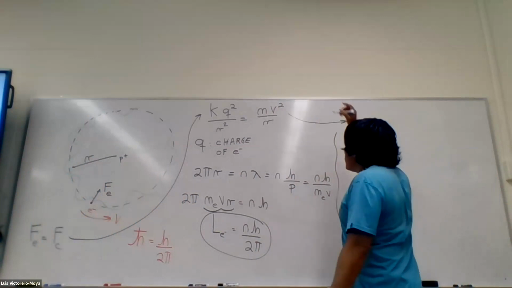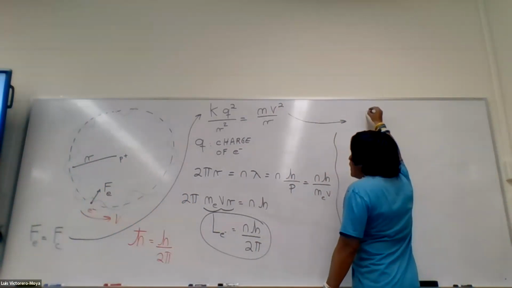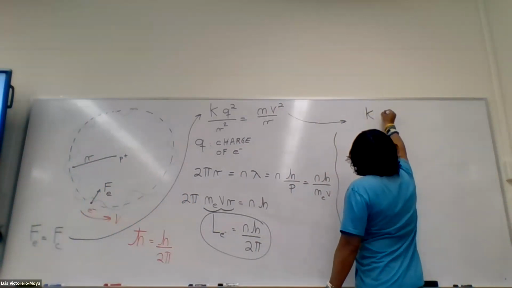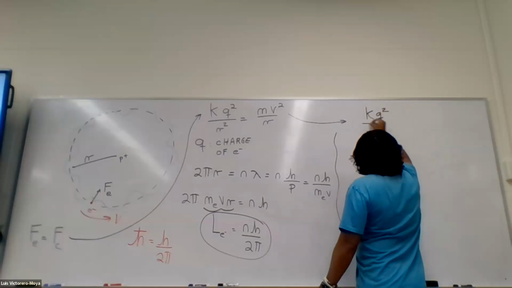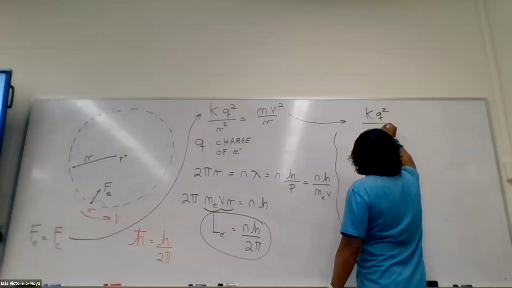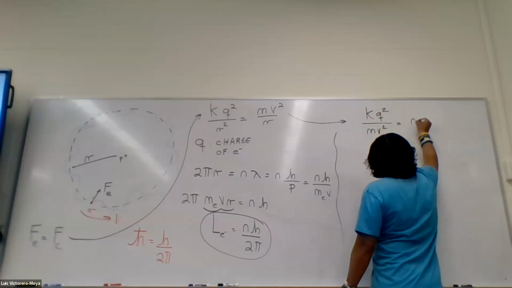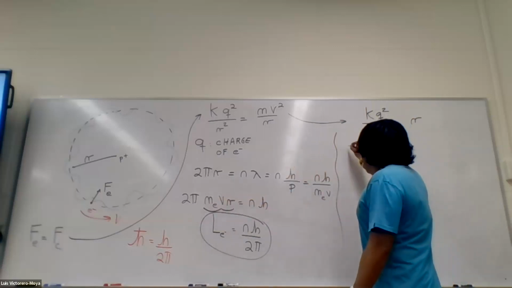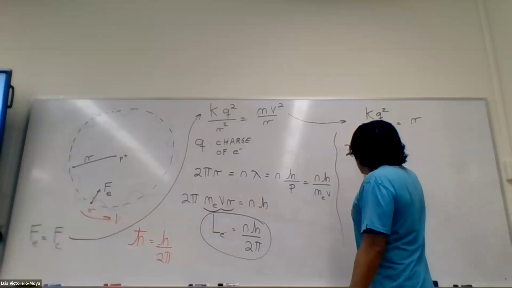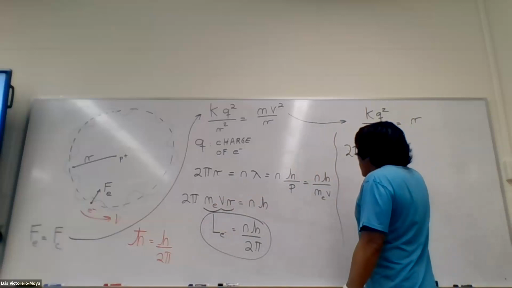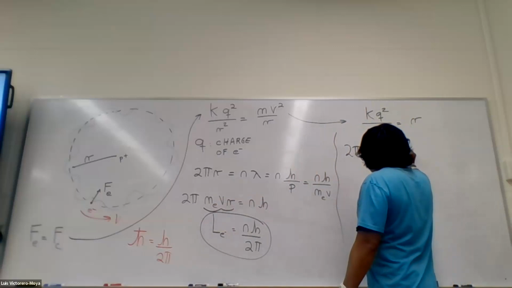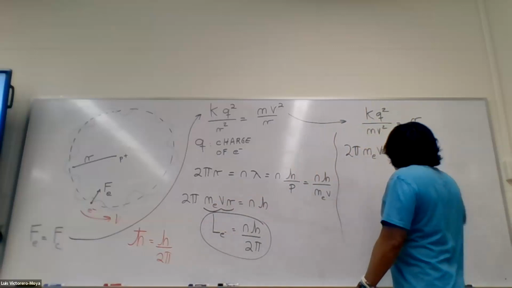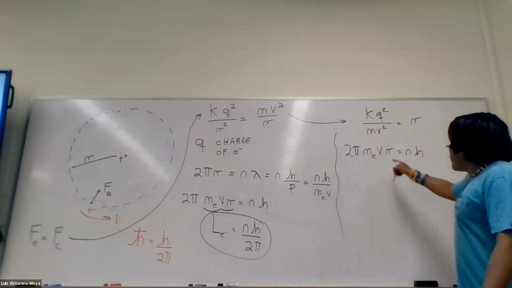So if I cancel that, I get kq squared divided by mv squared equals r. But I also have this: 2 pi times the mass of the electron times Vr equals nh. So I want r.